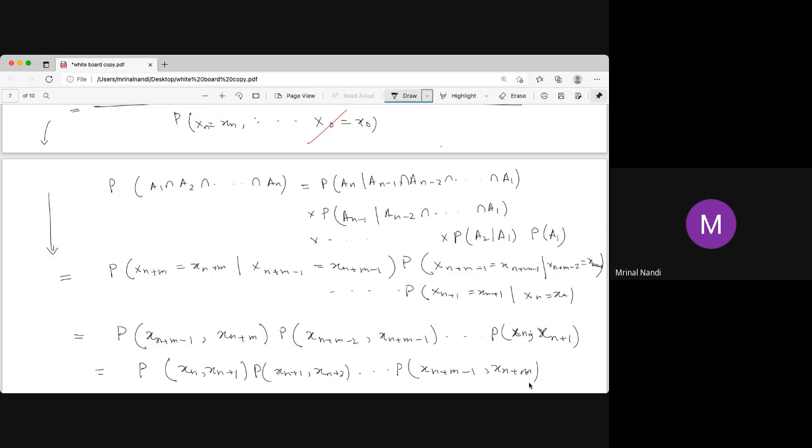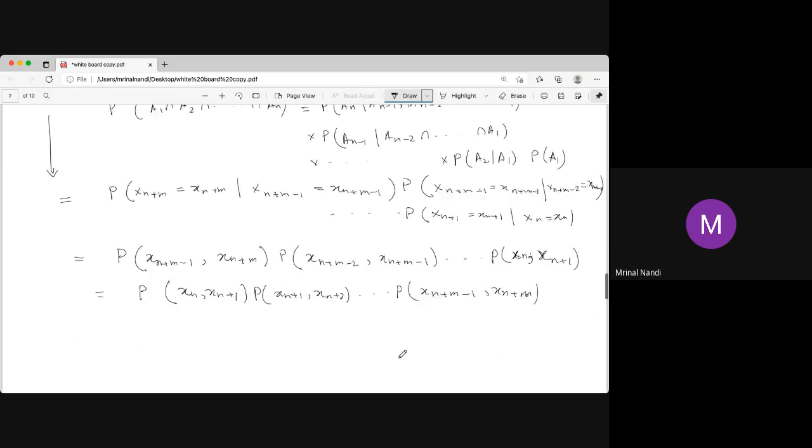It is just given that X_0 equals something, X_5 equals 0, the probability that X_6 equals 1 and X_7 equals 2. That means from 0 to 1, then 1 to 2. So it's a path. In graph theory, it is a path.